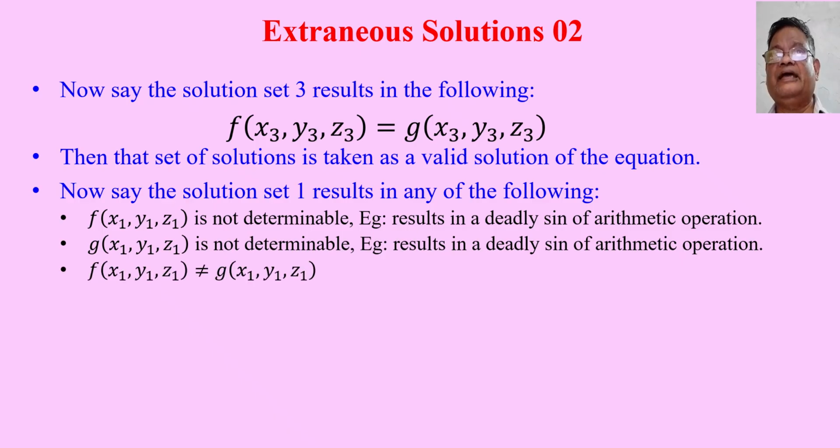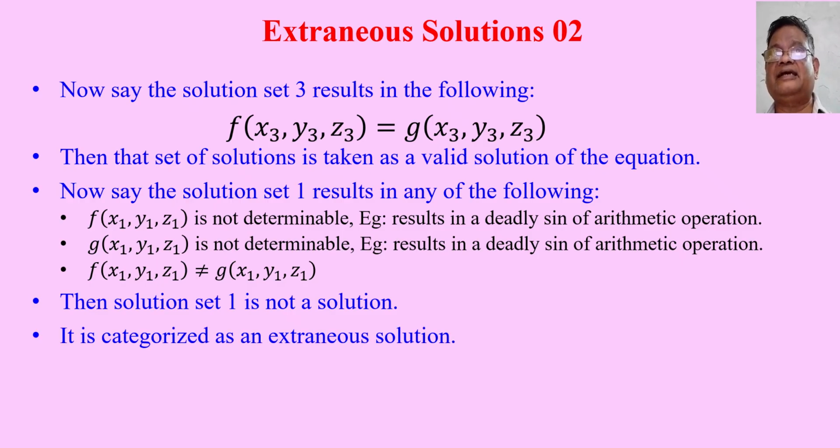Thirdly, f of x1, y1 and z1 is not equal to g of x1, y1 and z1. Then the solution set number 1 is not a solution. It is categorized as an extraneous solution.